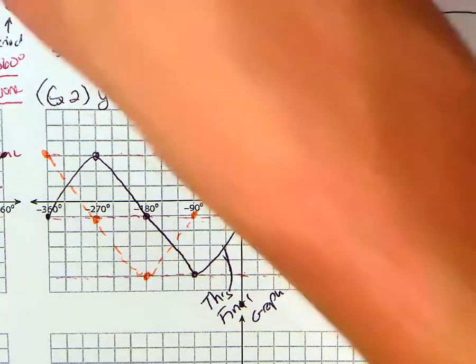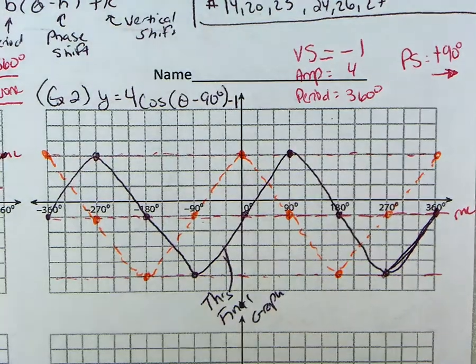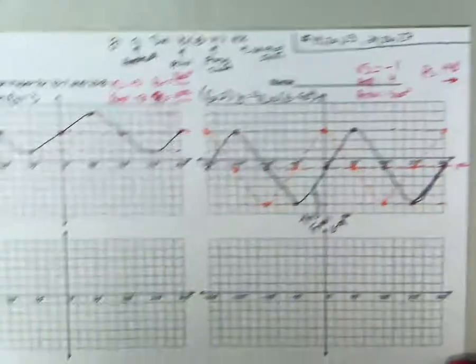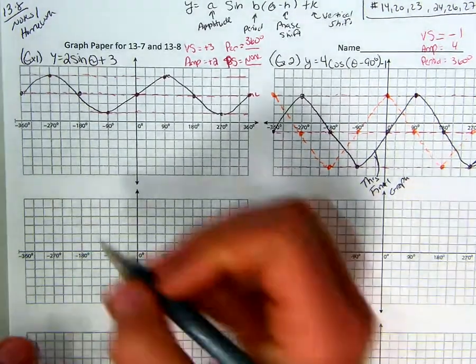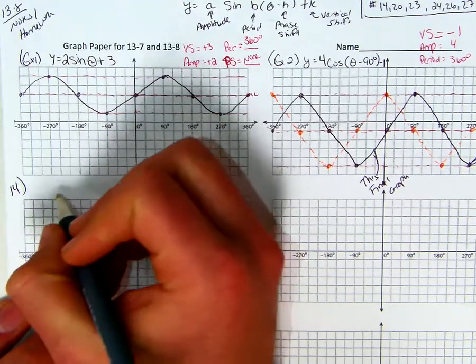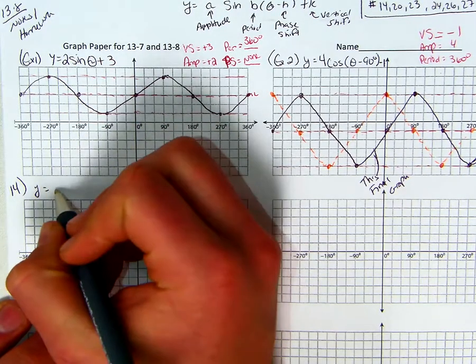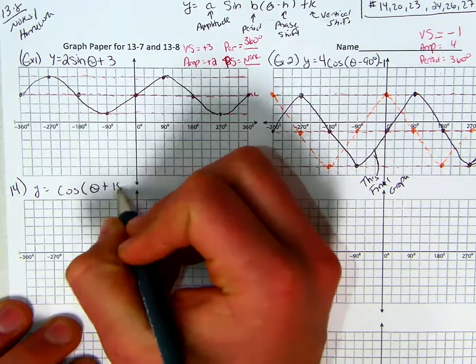Then for homework problems, I'll write those right here for you. So number 14 is y equals cosine of theta plus 180 degrees.